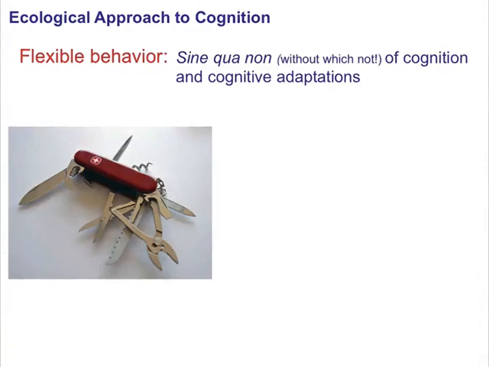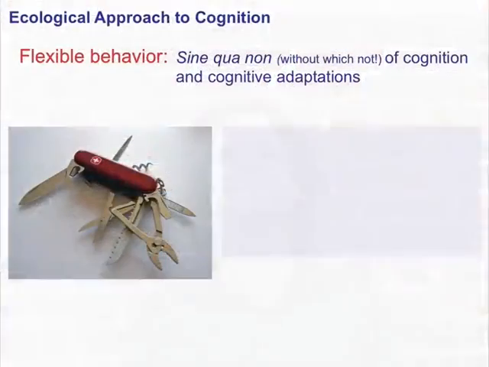But an ecological approach to cognition builds on that and emphasizes the importance of flexible behavior. Basically, without flexible behavior, there is no cognition and there isn't something to recognize as potential cognitive adaptation, something that is actually allowing the animal to survive and reproduce better in the environment that you find it in, which of course reflects back to when we were talking about evolution: what's the payoff for any trait.